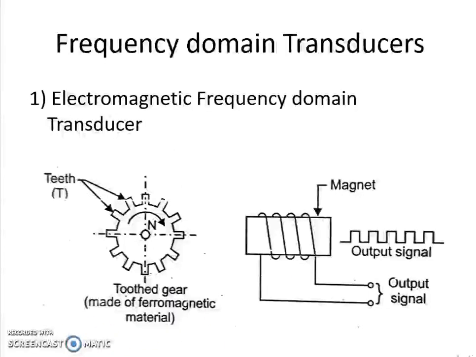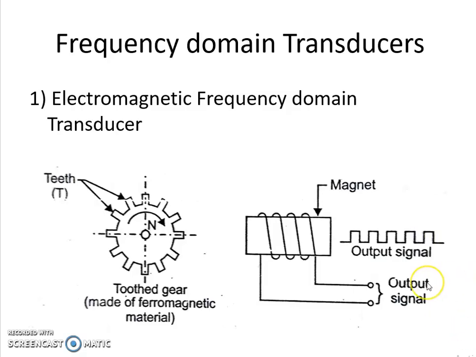Now let us discuss frequency domain transducers. These frequency domain transducers are a type of digital transducer. In case of frequency domain transducers, the output is in the form of pulses or sinusoidal waveform. The frequency of these pulses or sinusoidal waveform is a measure of magnitude of the input physical quantity which is to be measured.